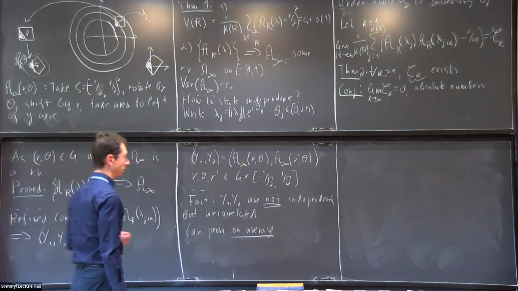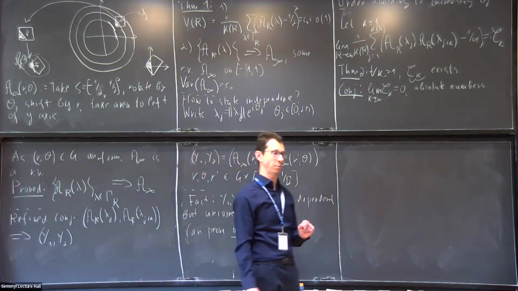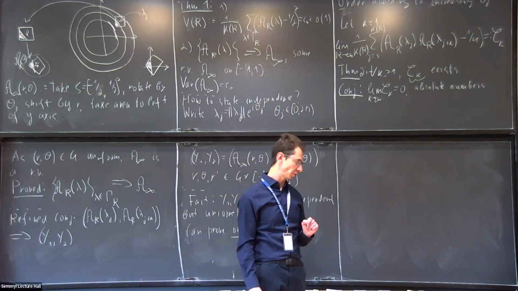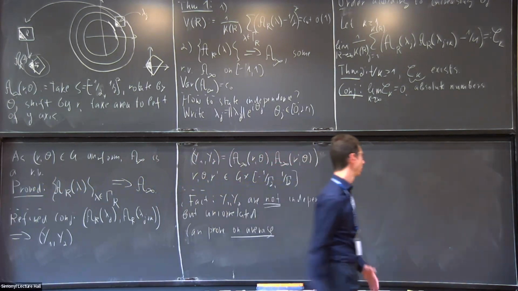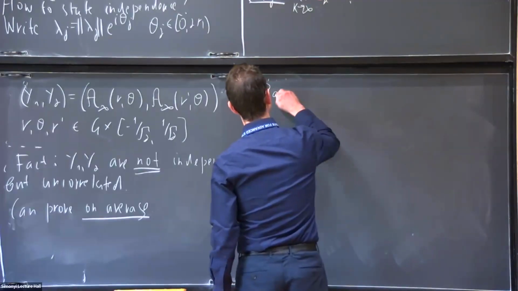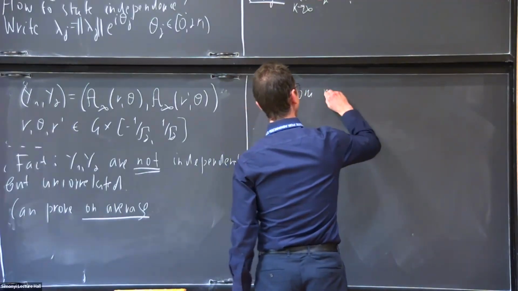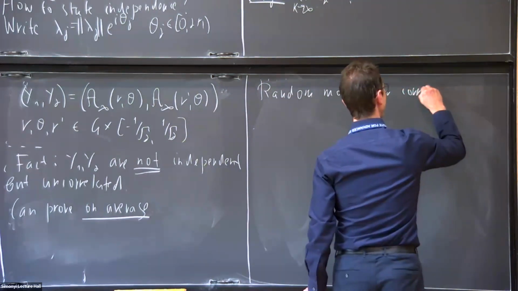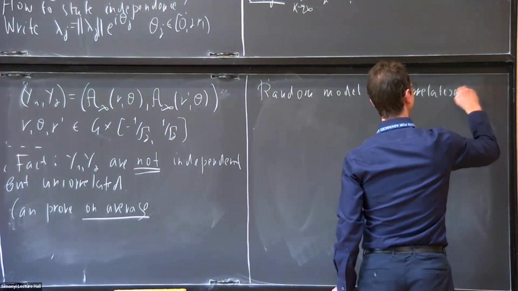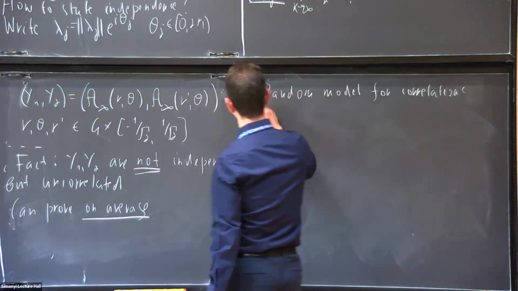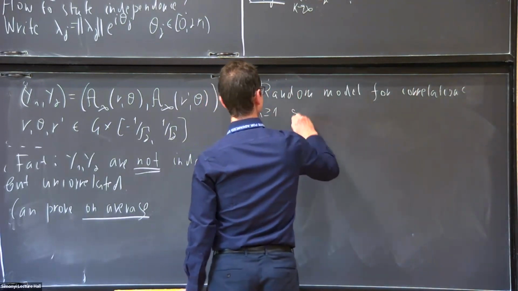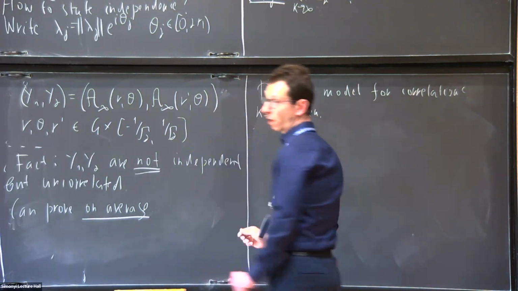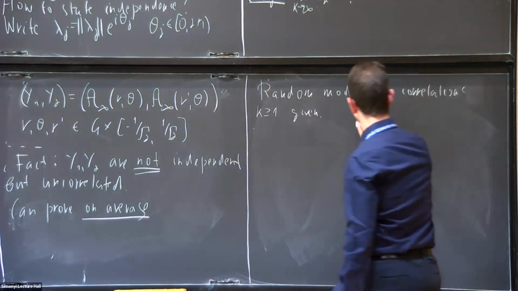Now, I think I have sufficient time to explain the random model, and so theorem 2, why the random model for the correlations, right? Okay, so let's suppose that K is given. And let's magnify again the picture.